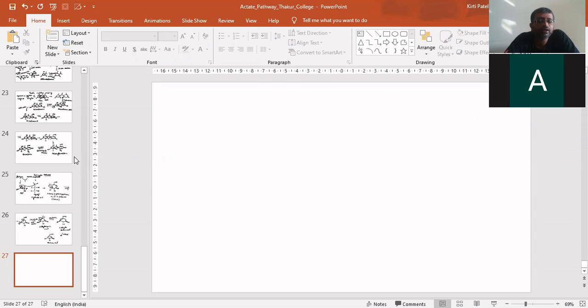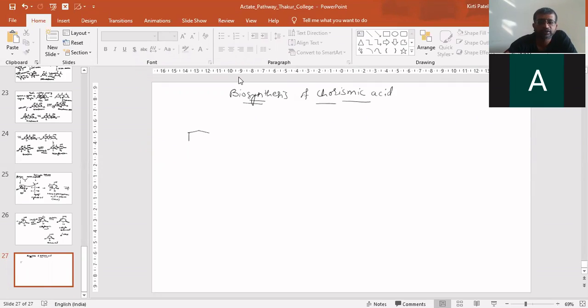This chorismic acid is synthesized from Shikimic acid in the Shikimate pathway, and Shikimic acid is converted to chorismic acid by first phosphorylation of Shikimic acid. So the biosynthesis of chorismic acid: the first step involves phosphorylation of shikimic acid.